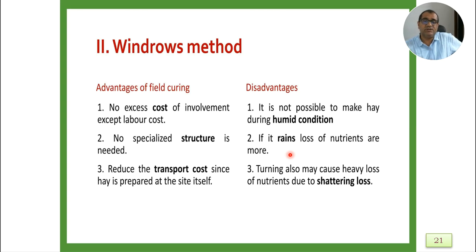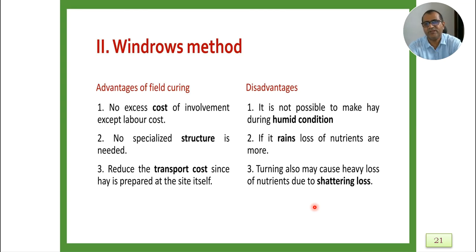Whereas the disadvantage is that it is not possible to make hay during humid conditions. You know why? If there is rain, nutrient losses are more, and turning may cause heavy loss of nutrients and shattering loss also. Sometimes if there is rain, all the hay which is spread will be totally lost.